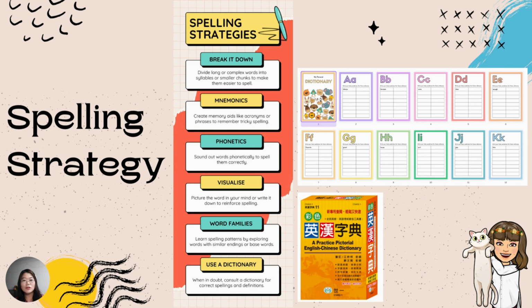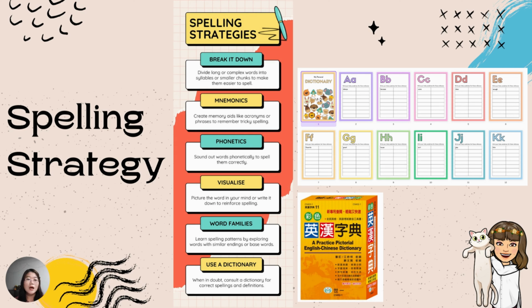And here is the spelling strategy. The first one is break it down, because if they see a longer text, a longer word or a longer chunk of the word, then I want them to use the syllables to help them break it down. And the next one is called mnemonics.